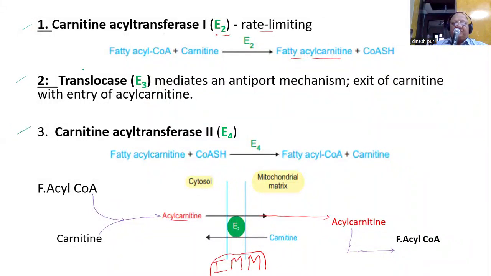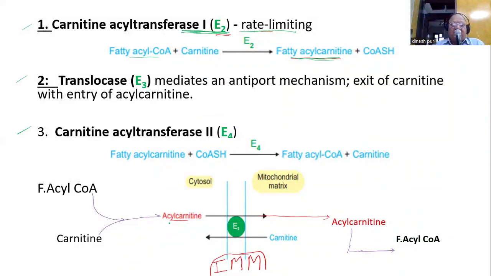In the first step, fatty acyl coenzyme A is converted to acyl carnitine, full name fatty acyl carnitine. This is by the enzyme acyl transferase 1, E2, and this is rate limiting for the overall pathway of beta oxidation also. So a very important enzyme.